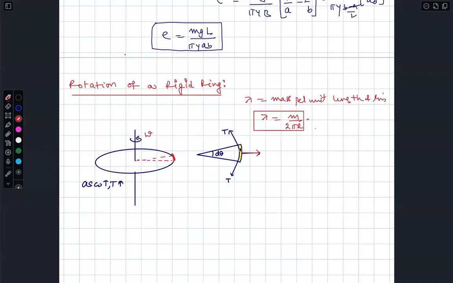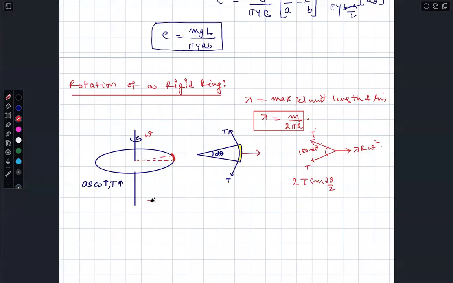Now, already you know, in such situations, the angle between them will be 180. It's a situation like this. This is 180 minus d theta. Tension, pseudo force, lambda r omega square. The resultant of these two will be 2T sin d theta by 2.